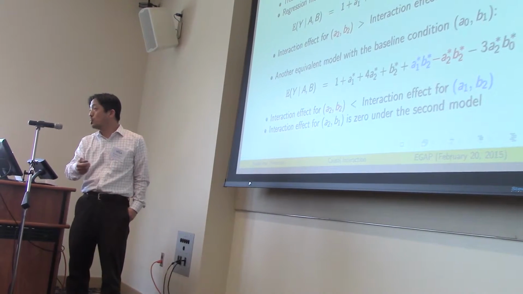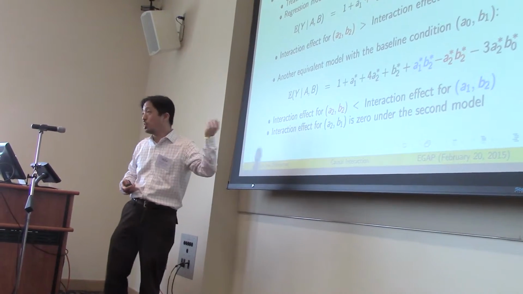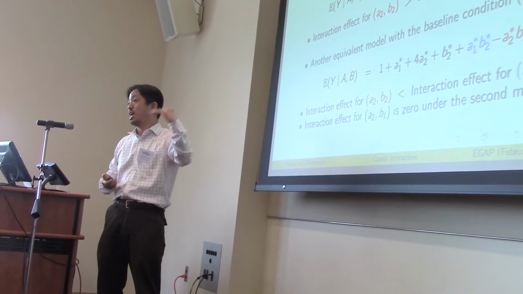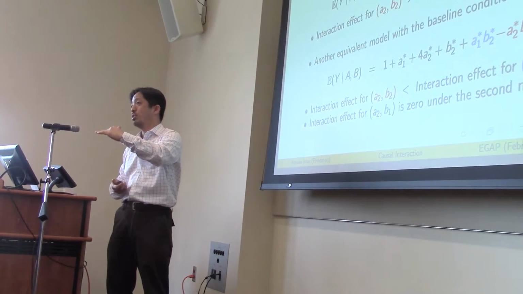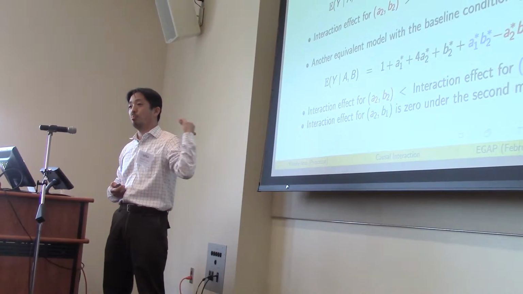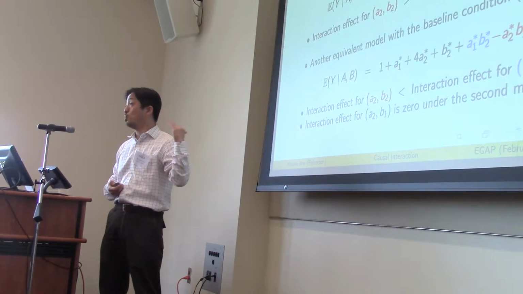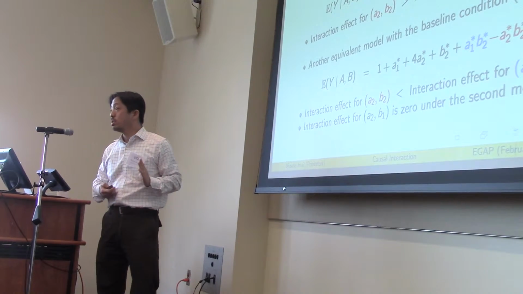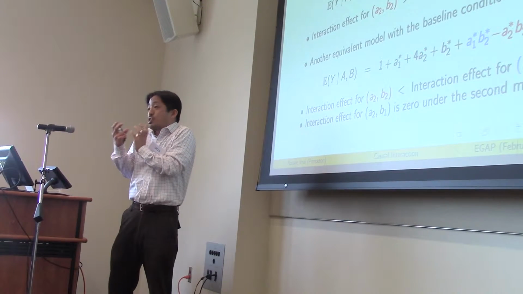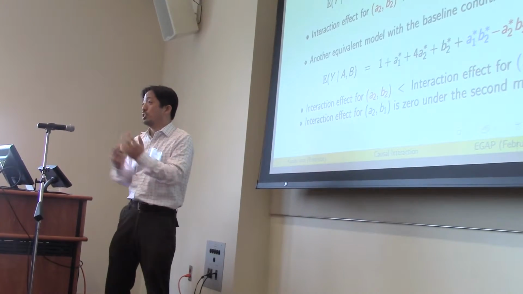Right? So as you know, if at least one of the treatments has the same value as the baseline value, there's no interaction in the conventional framework. So you always get zeros. Right? But that interaction effect pops out when you change the baseline.